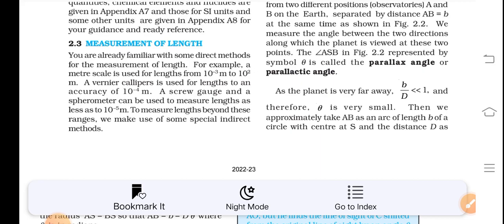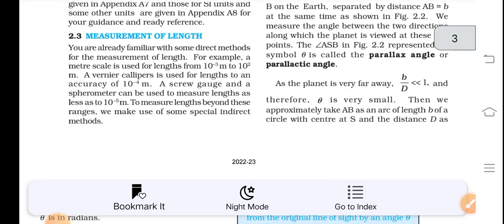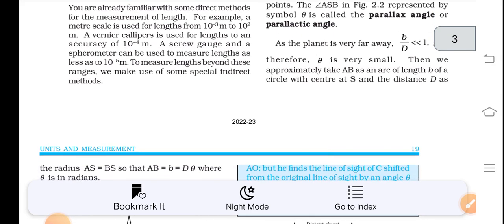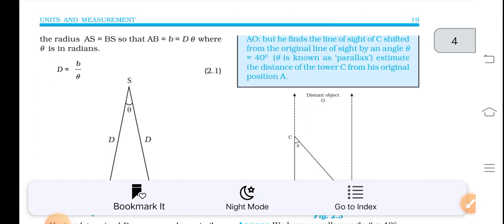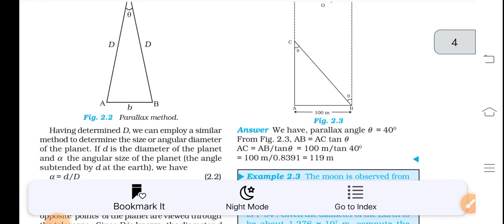So theta is very small. Then we approximately take AB as an arc of length b of a circle with center at S and the distance D as the radius. So D, the distance, is equal to b by theta. That is the parallax method.